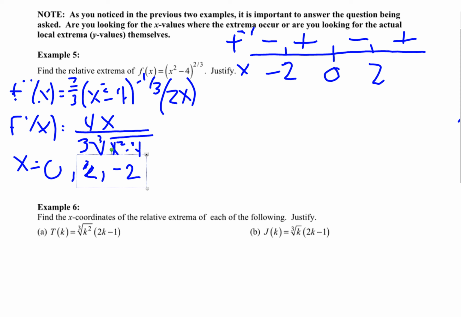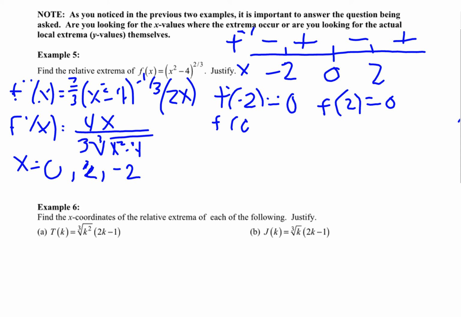So we need to plug in those values. So let's see, f of negative 2. If we plug that in, negative 2 would be 4 minus 4, that's 0. F of 2 is also going to be 0. And we have f of 0, that'll be negative 4 to the 2/3 power.